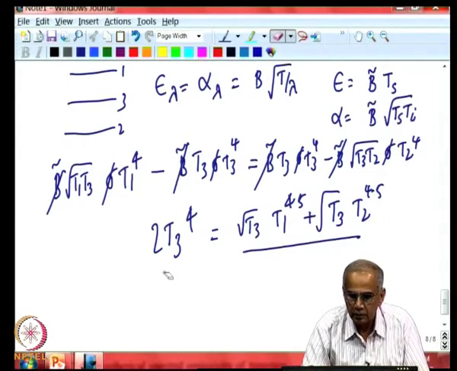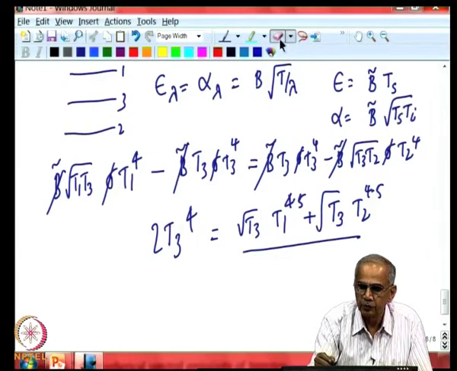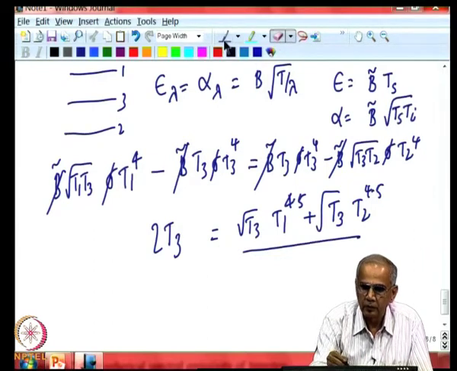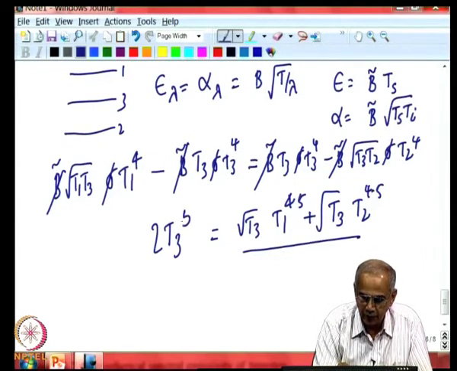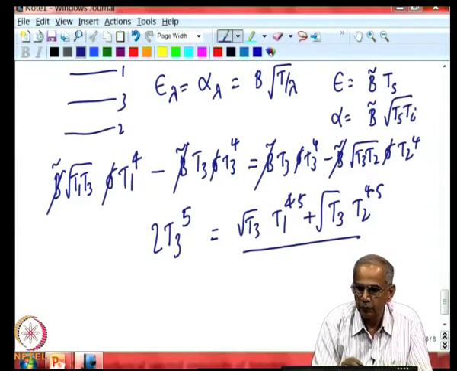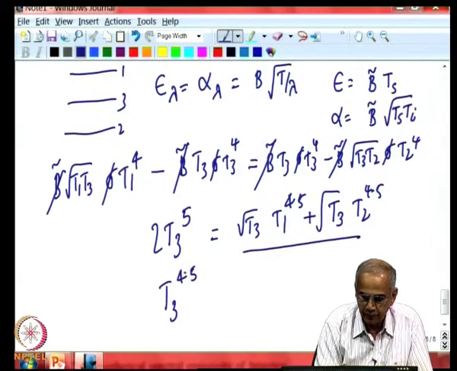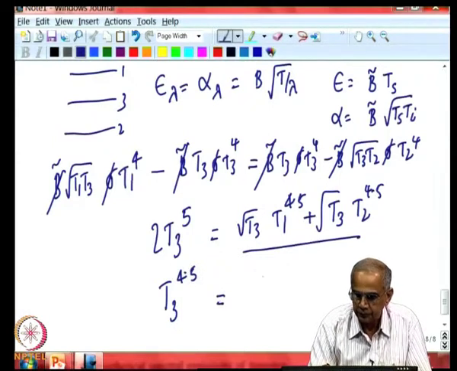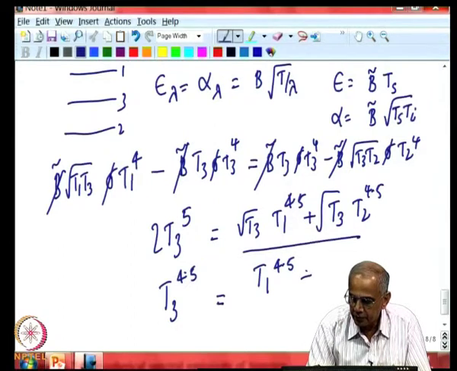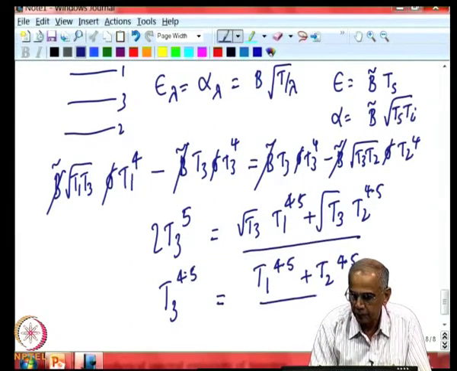Finally, you get T to the power 5 here, I am sorry, this should be 5, because T 3 to the power 4 and root T 3 gives 5. So, now you take root T 3 back here, now we will get T 3 to the power of 4.5 is equal to T 1 to the power of 4.5 plus T 2 to the power of 4.5 by 2.